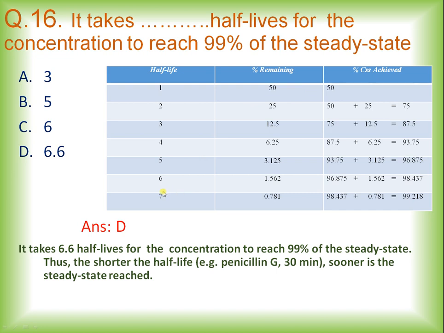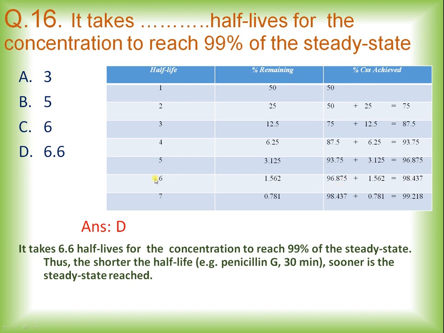Now when you talk about 6.6 half-lives, if you see this table, at 6 half-lives the percentage of drug which is still remaining is 1.562, and the percentage which has been achieved at the steady state is 96.87.